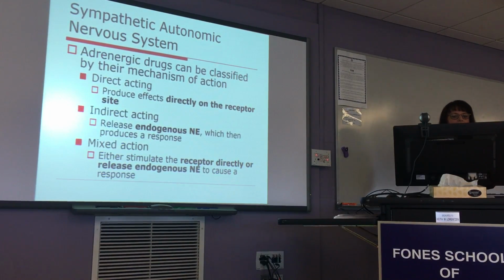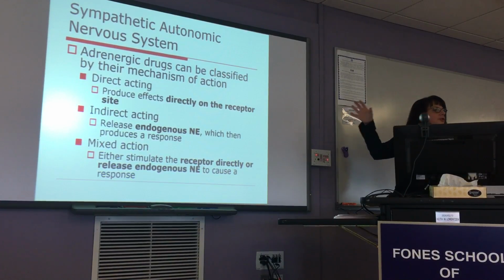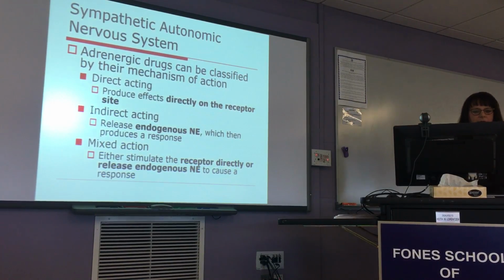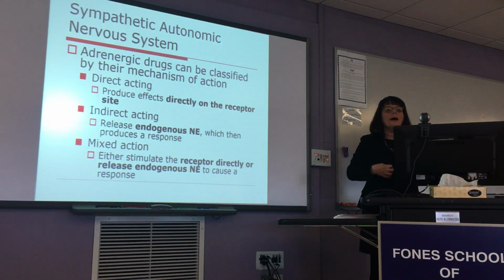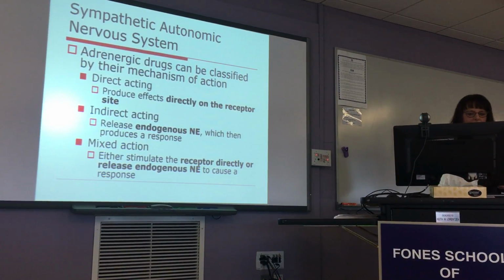Okay. There are direct acting, there are indirect acting, and there are mixed. Okay. So the direct acting goes directly to the receptor site, just like direct acting with the PANS drugs. In the indirect acting, remember the indirect acting released acetylcholine before. This time it's going to release the endogenous, our own body's norepinephrine, okay, which then would produce a response.